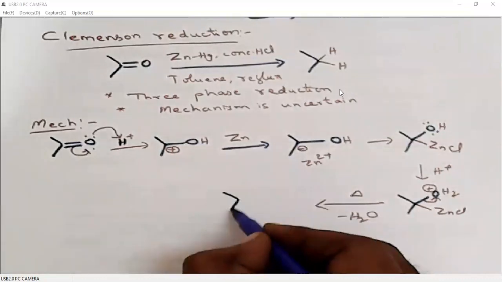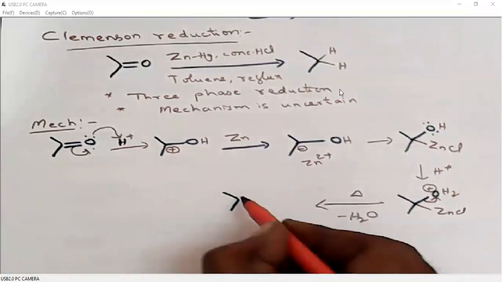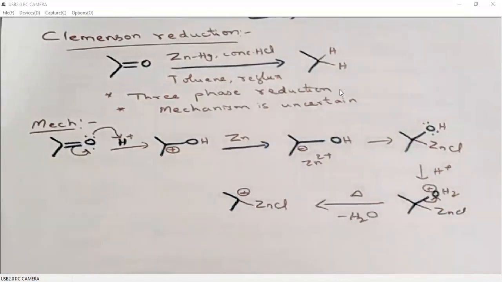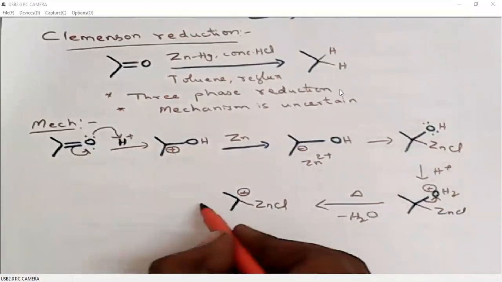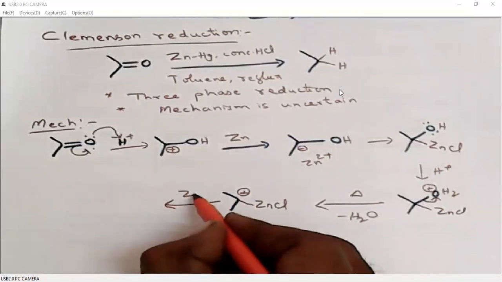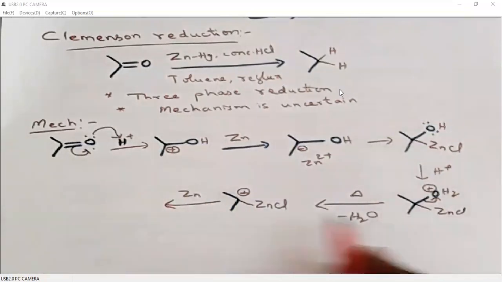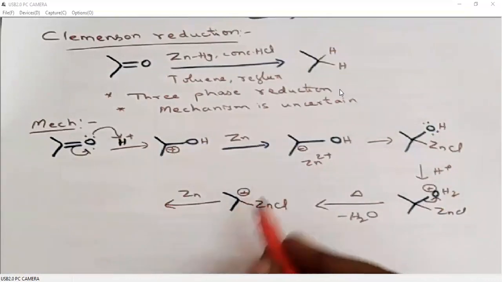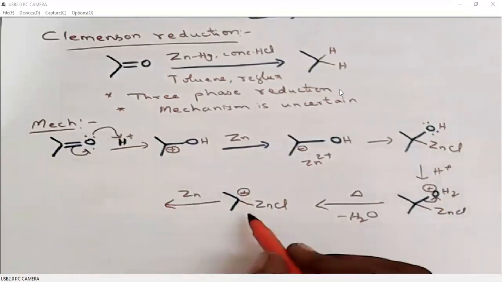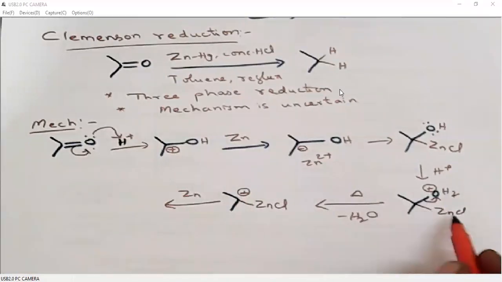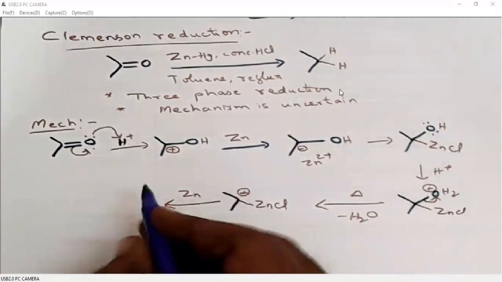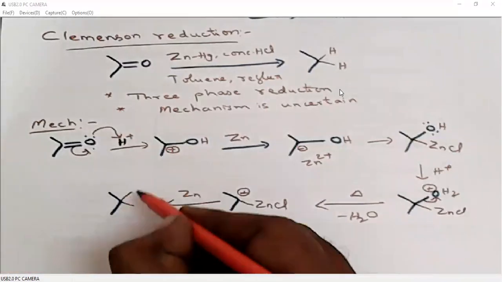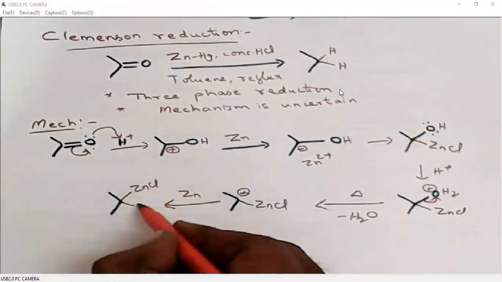The product here is again a carbocation and ZnCl. Now this carbocation is again converted, as zinc converts the carbocation to a carbanion, and again a bond formation takes place between metal and carbon. So we will form 2 carbon-zinc bonds.